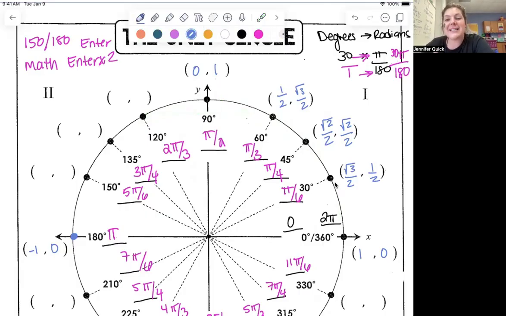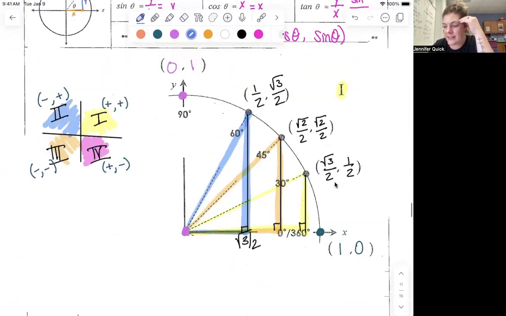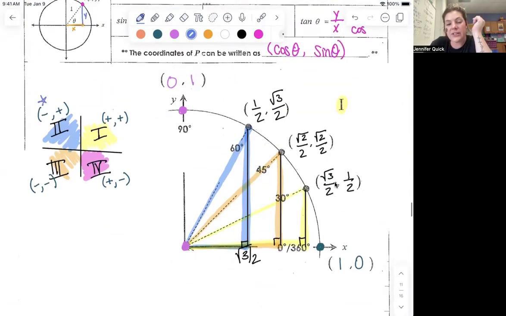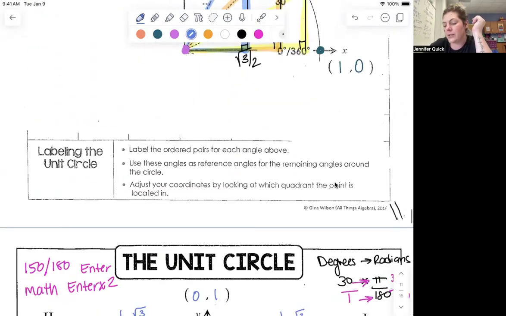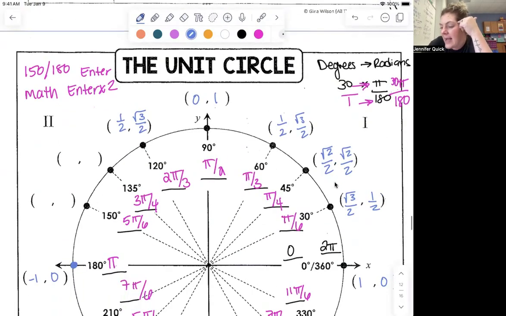So it's going to have the same exact coordinate because it's the same spacing, same height, same spacing from the origin, except it has to follow the quadrant rules, the coordinate rules. And we said back over here that the x coordinate was negative and the y coordinate was positive. So instead, this is going to be negative 1/2 and a positive square root of 3 over 2.